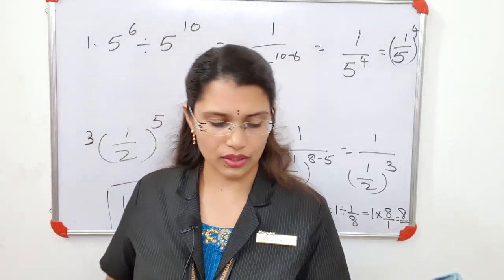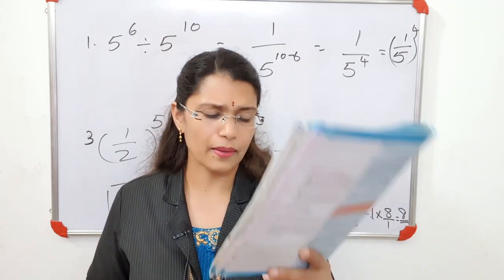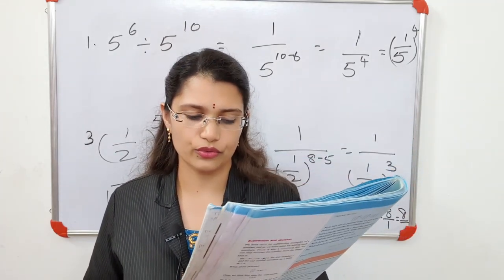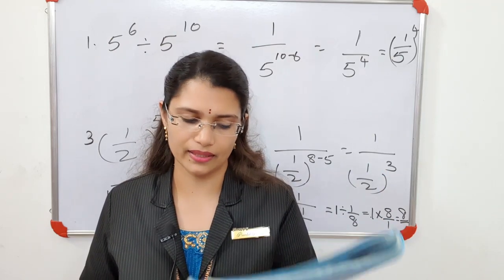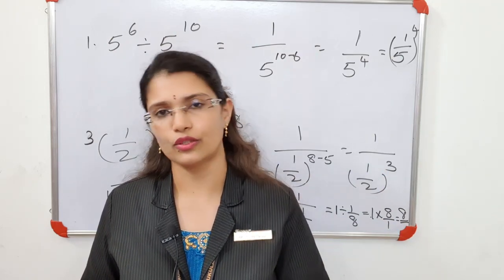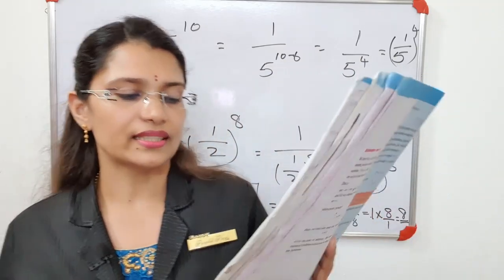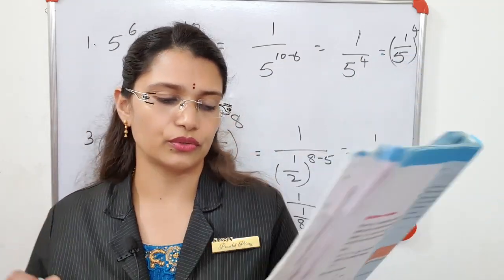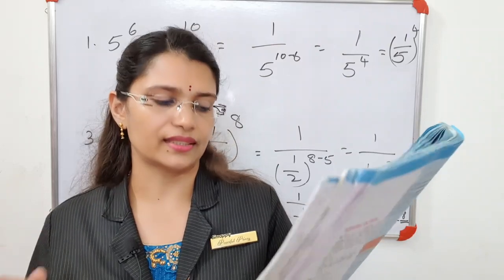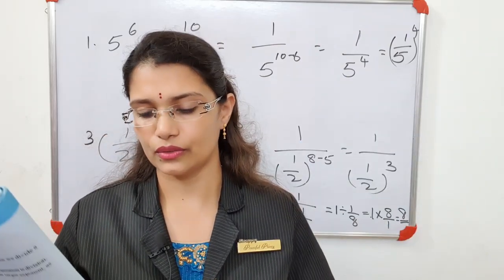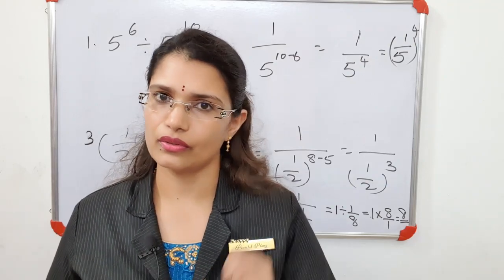Then let's do another question. By what natural number should 0.25 whole raised to 6 be multiplied to get 0.25 whole raised to 4? Here decimal is given, 0.25 whole raised to 6 be multiplied to get 0.25 whole raised to 4.